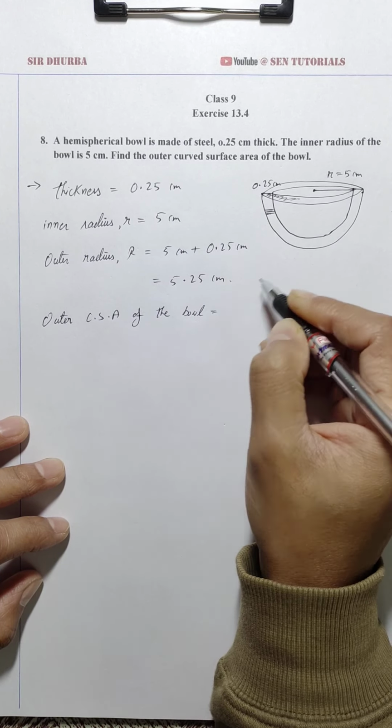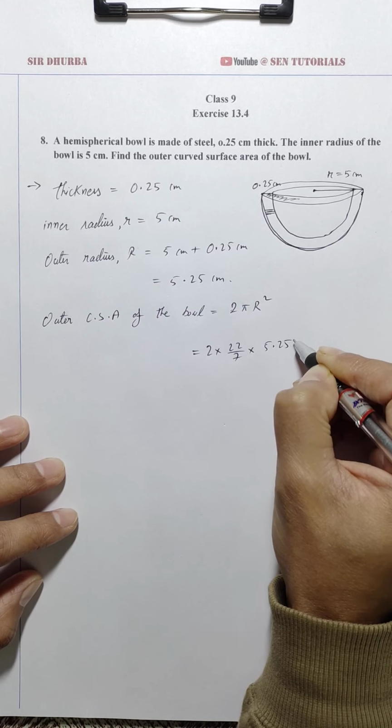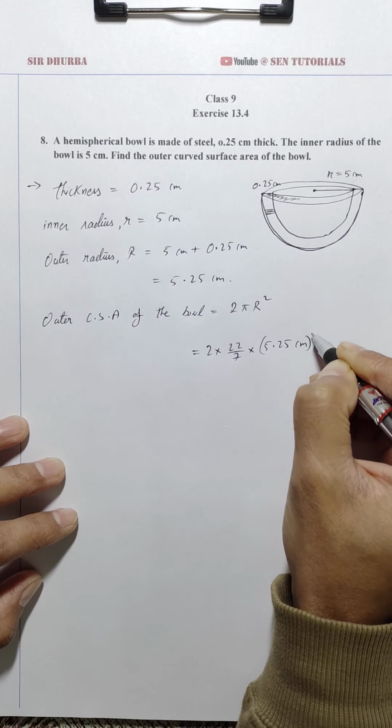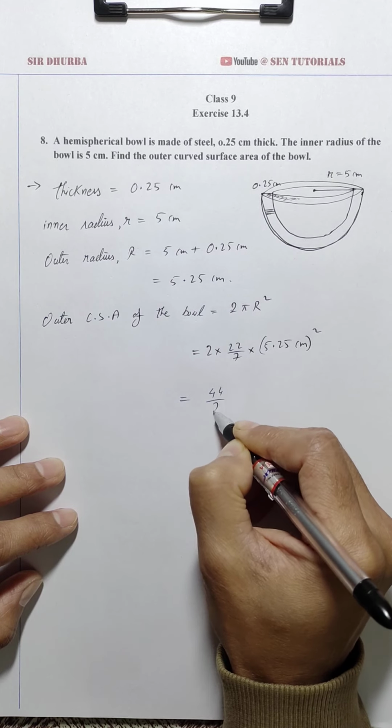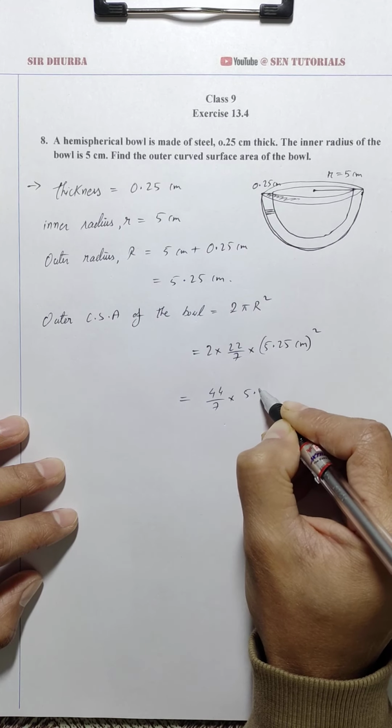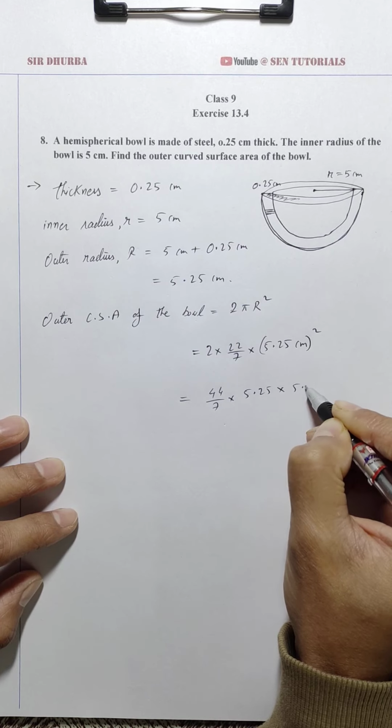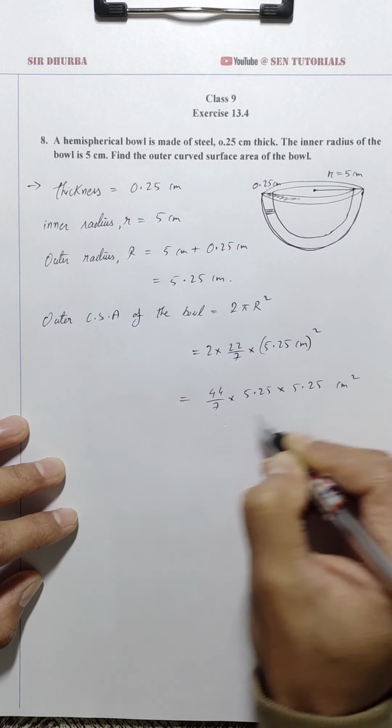What was the curved surface area of hemisphere? 2 pi R square. R means capital R because it's the outer radius. So nothing is given for pi, so we will just use 22 by 7 into 5.25 centimeter whole square. So that's 44 by 7 into 5.25 into 5.25 centimeter square.